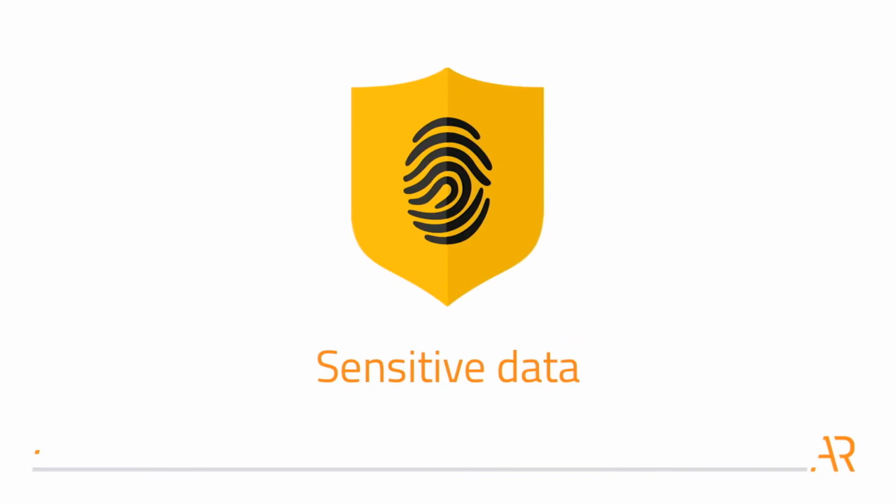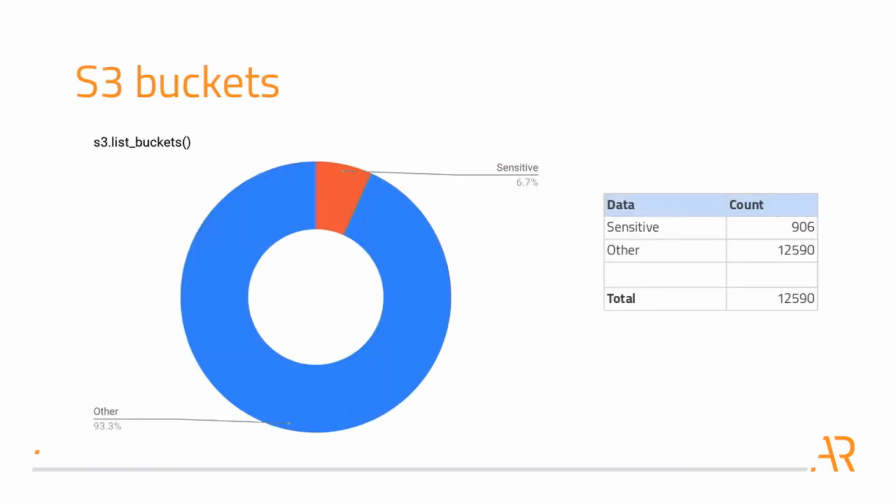Something else that I tried to do was to identify if an attacker exploiting this vulnerability would have access to sensitive information. And just as a reminder, I did not read the contents of S3 buckets. And I did not read the contents of DynamoDB tables.